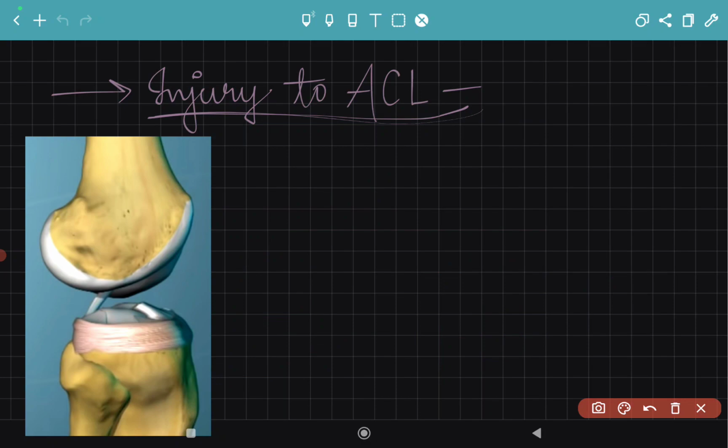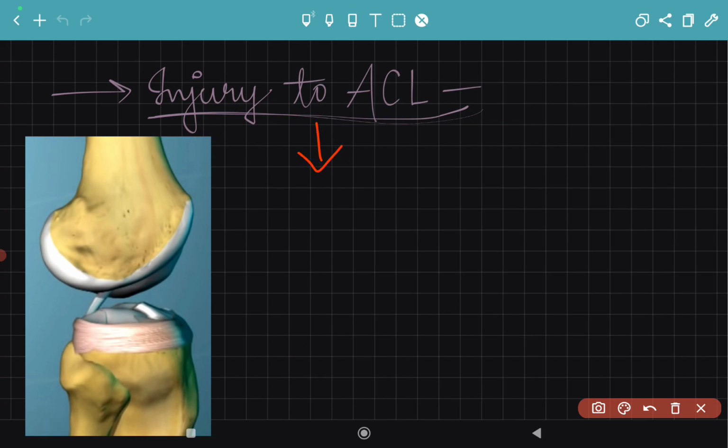Now to prevent this excessive translation, we can see the ACL is not there. At that time, there will be giving way of the knee as explained to you by the patient, where the excessive anterior translation of tibia will not be prevented as there is injury to the ACL ligament.